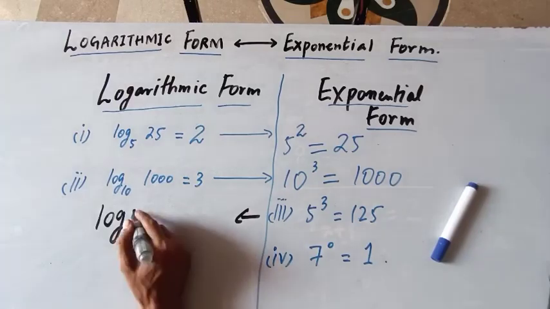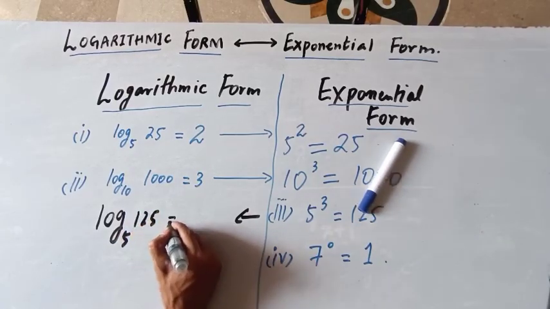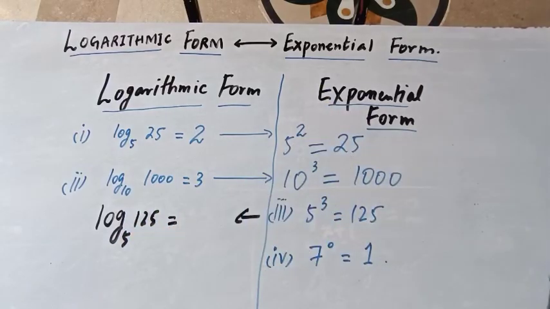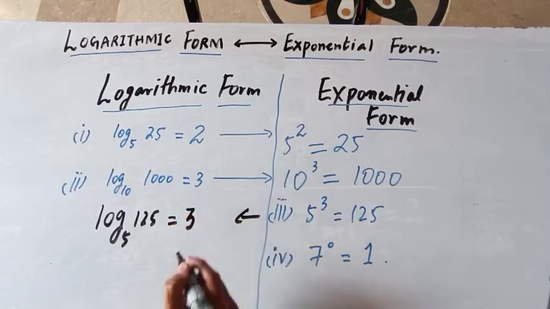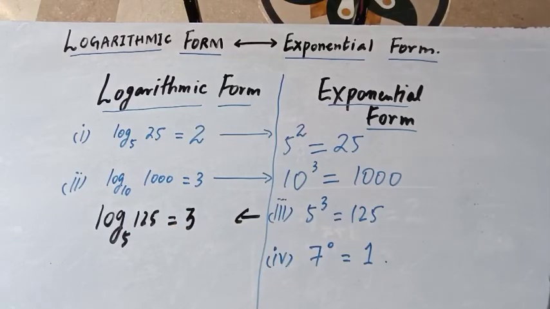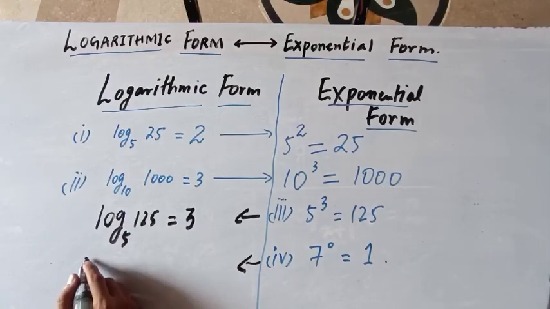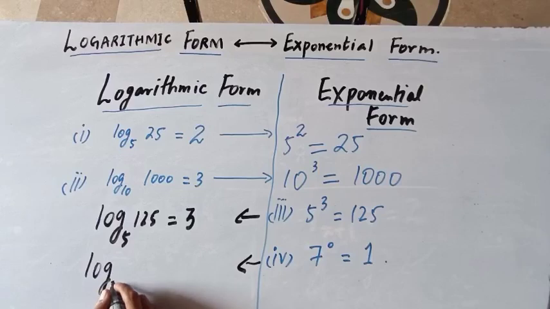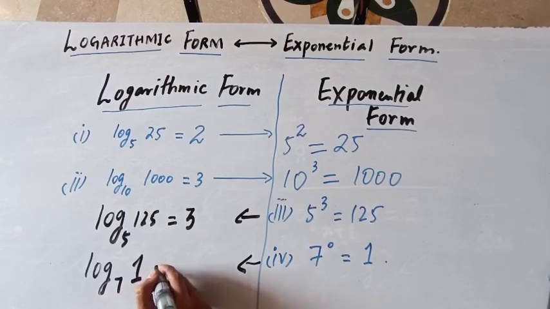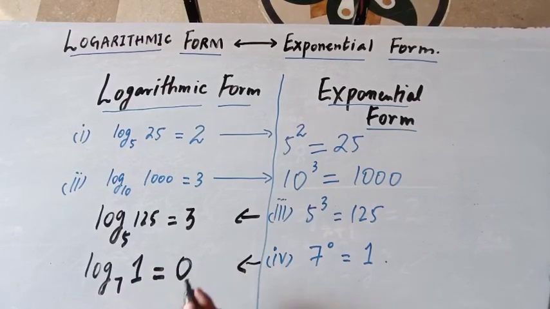What is the answer of it? 125. After equals to 3 will come. Similarly over here we have the base as 7, the answer is 1, and the power is 0.